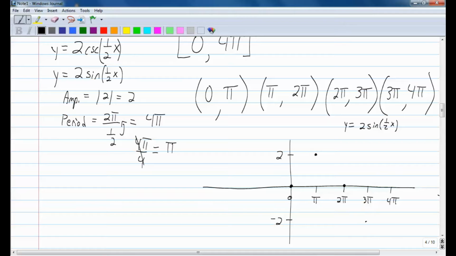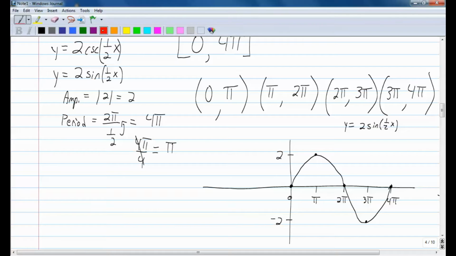Next significant point, sine has a low point. At the last significant point, it will cross. Connect the dots with smooth curves. And that is one complete period. Now, that's y equals 2 sine of 1/2 x.